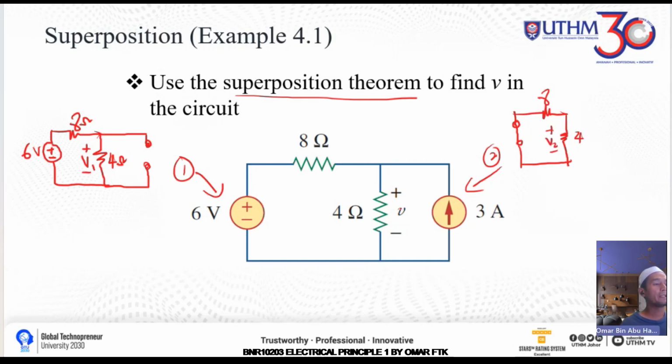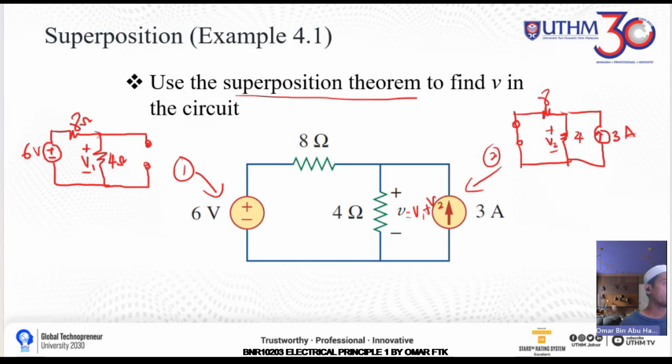We want to find V, so the voltage value you get in the first part, V1, and the voltage value you get from V2 in the second part, you have to total it. So V here will be V1 plus V2. That's why we call it superposition.